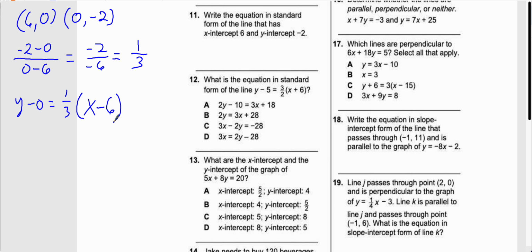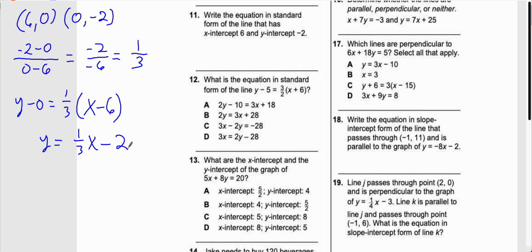Then I would have y equals 1/3 x minus 2. All I've done is point slope, and when I distributed, since that was a 0, that was easy. So now I've got it in slope-intercept form, right?